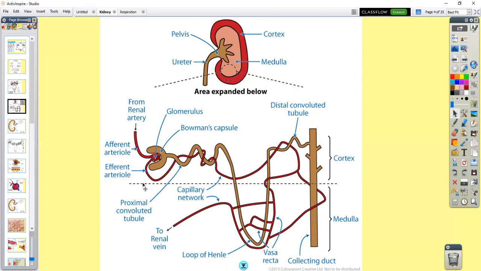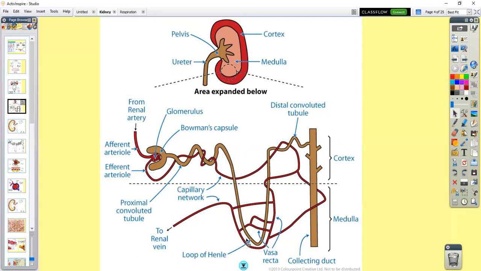In terms of the division between the cortex and the medulla, you can see here on screen. The cortex, that outer region, contains the glomerulus and Bowman's capsule. It contains the proximal convoluted tubule. The descending limb of the loop of Henle passes down through the cortex into the medulla region.